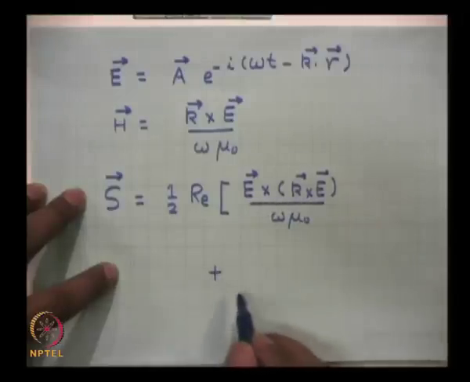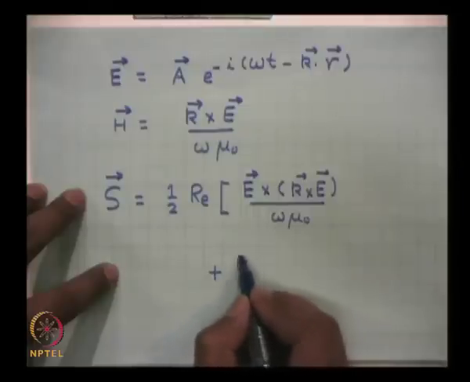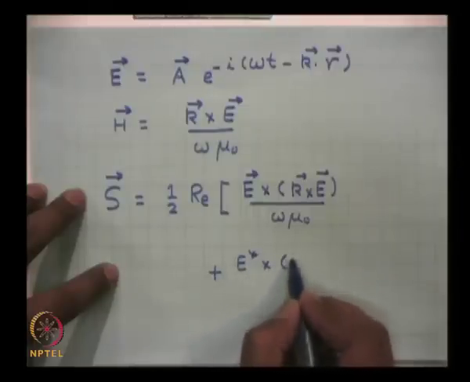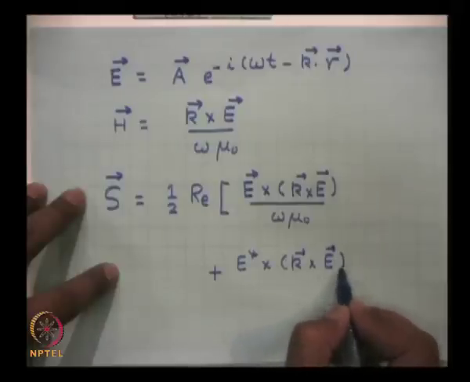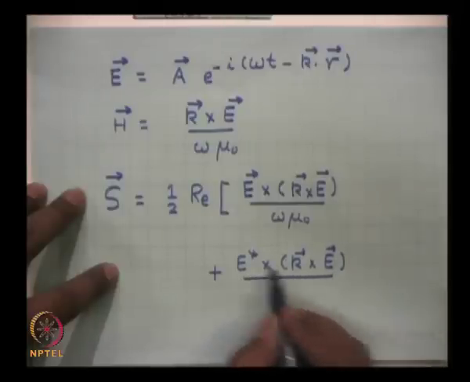The second term would be E star cross k cross E upon omega mu 0.